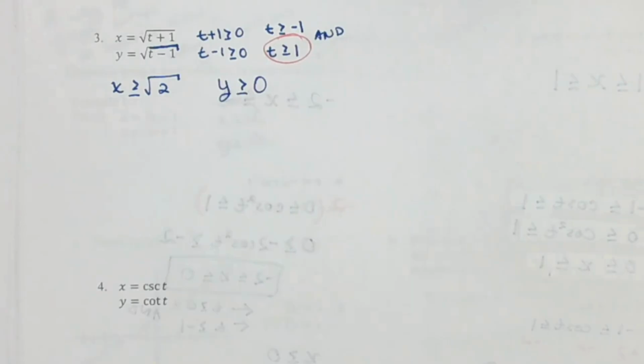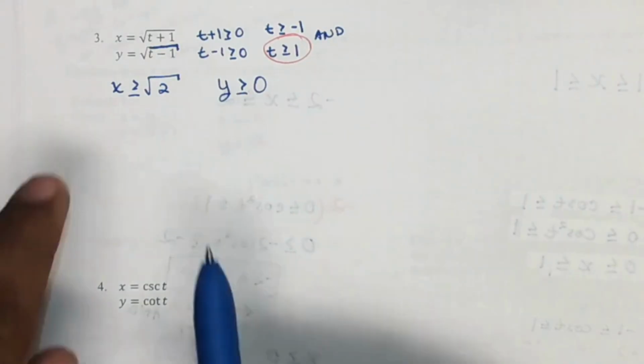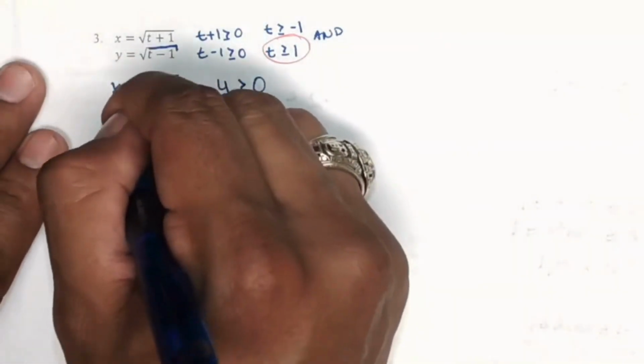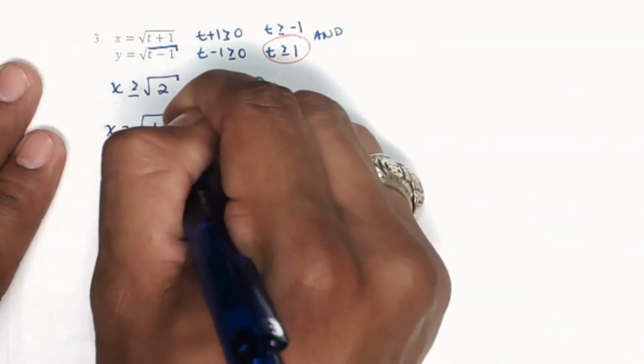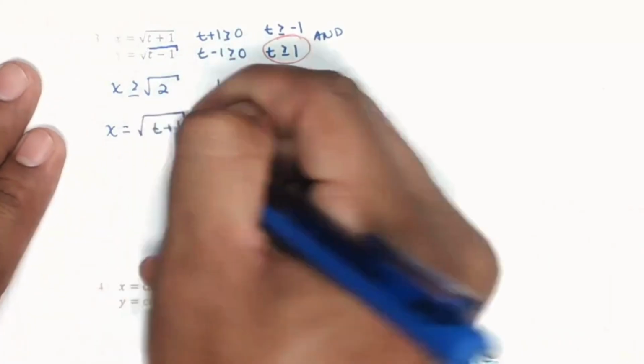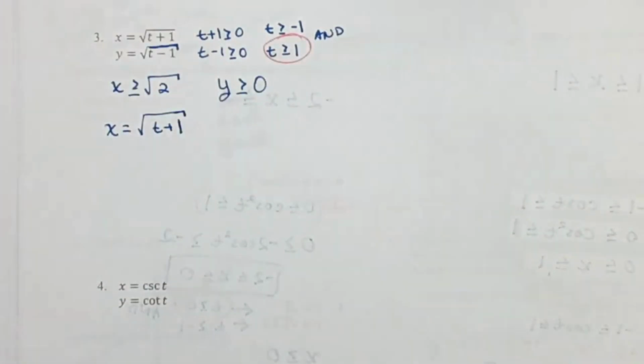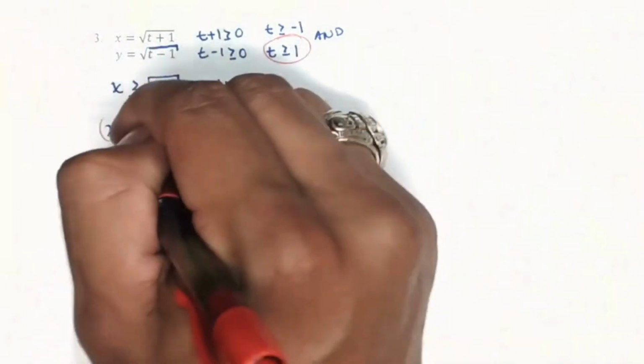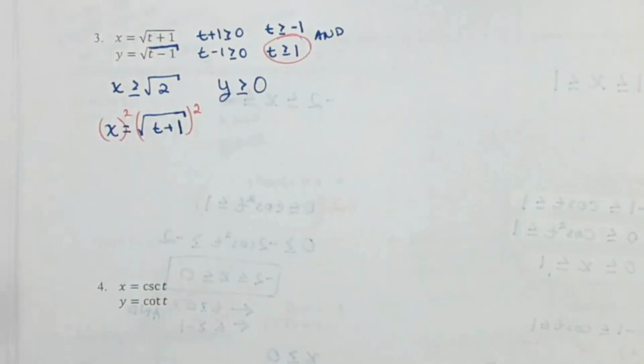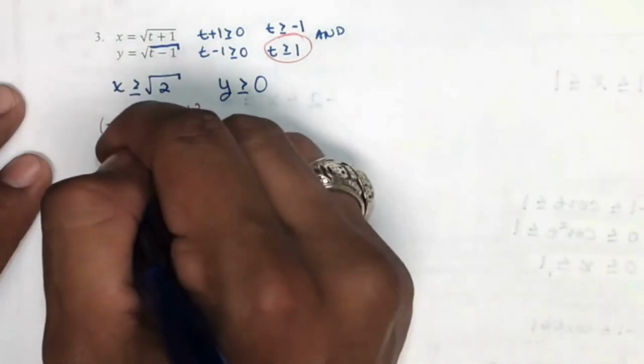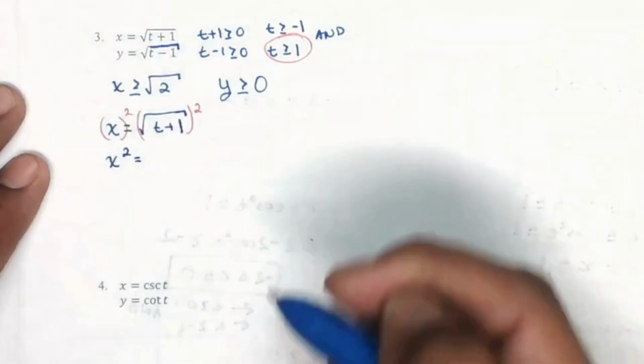All right, so now it's the idea of eliminating the parameter. So if I take x equals the square root of t plus 1, well, there's not really a way to get t by itself without squaring both sides. With the trig equations, it's a big no-no to square both sides, but in this case, there's no way for us to get rid of that.